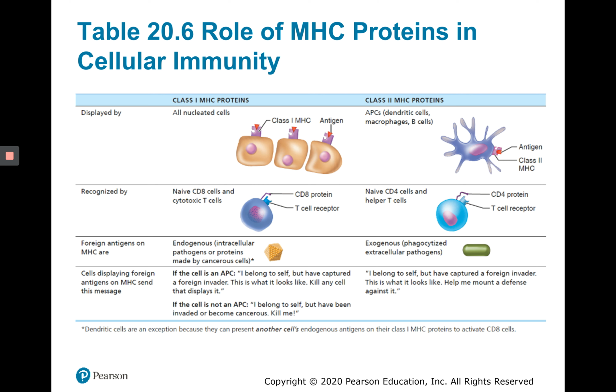So generally, we find that the class 2 MHC proteins, because they're only displayed on the antigen-presenting cells, present to T helper cells, and they're going to ask for help in mounting an immune response. Whereas when antigen-presenting cells present to T cytotoxic cells, they're going to present on MHC1, and they're not asking for help. They're asking for that T cytotoxic cell to directly kill anything that looks like this foreign antigen.